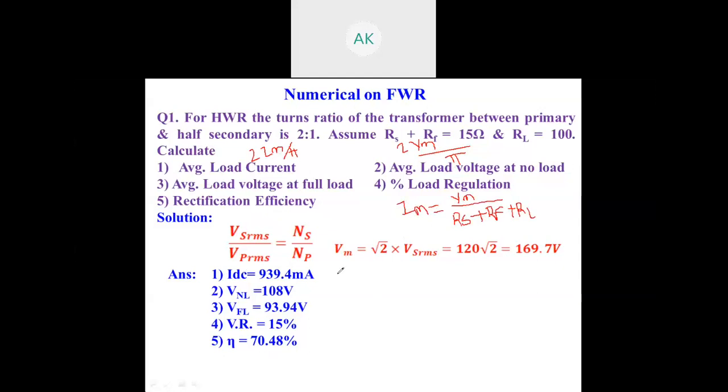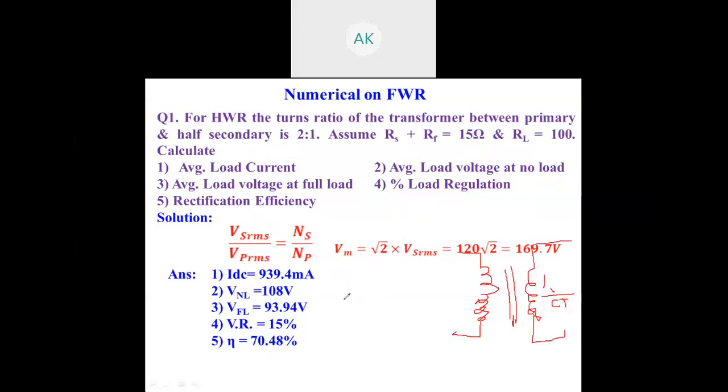Now the next question is: what is the average load voltage at full load? What is the full load voltage, VFL? Sorry guys, it has entirely vanished. Okay, we will draw it again.